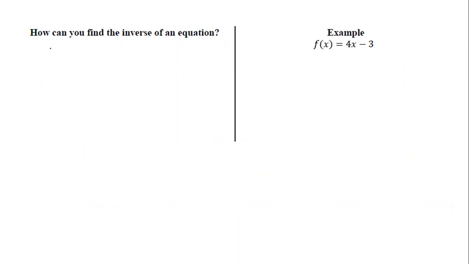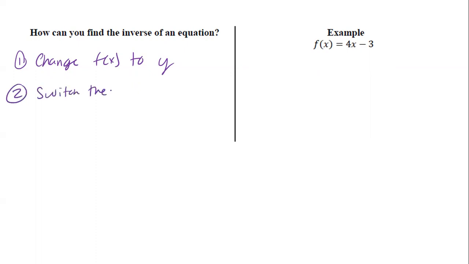When you're finding the inverse of an equation, the first thing you want to do is, if it's f of x, change f of x to y. The second thing you want to do is switch the x and y.